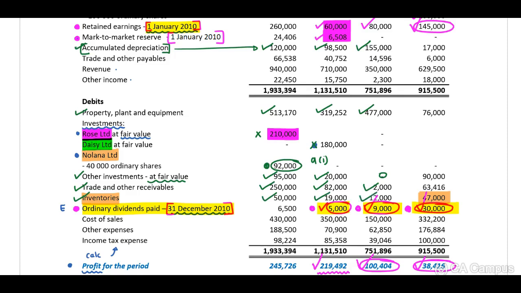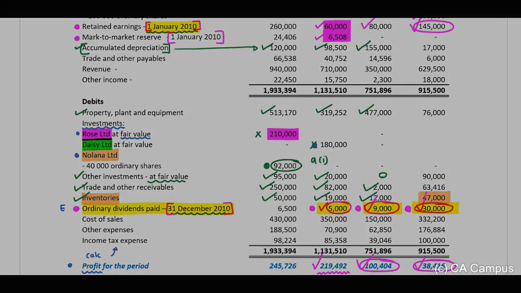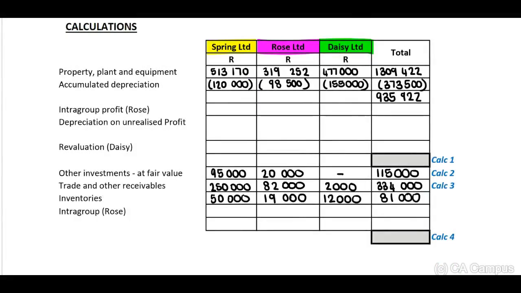Now let's transfer all of this to our calculation. This is my calculations page. I have included all of the columns in terms of Spring, Rose, Daisy, as well as the total. Then I have included a line item, PPE, accumulated depreciation.